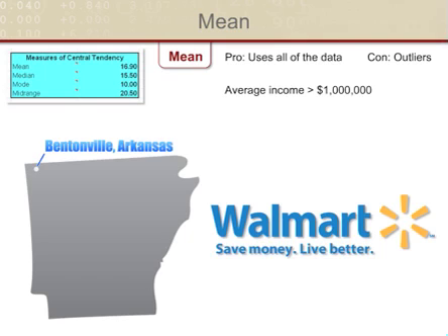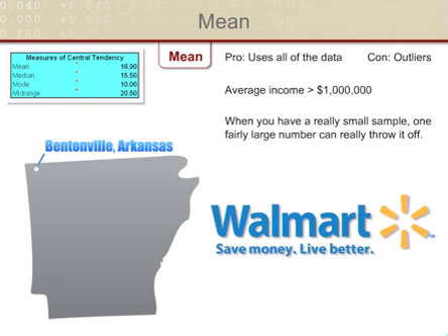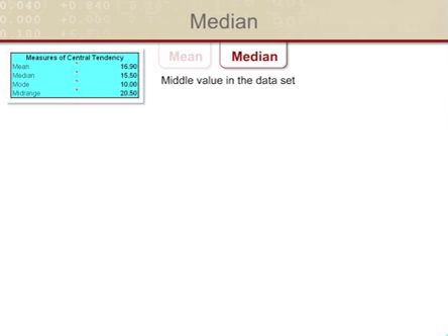So clearly it's a case of outliers. When you have a really small sample, one very large number can really throw it off. So just be on the lookout for that. But as I said, the good thing is it does use all the data, which will become a really important advantage.